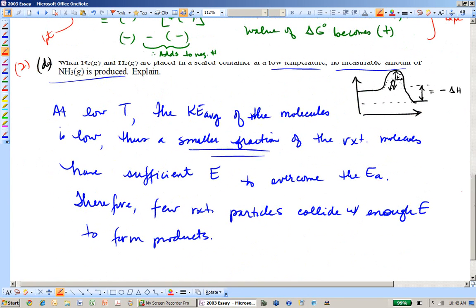And down here you get 1 point for talking about at low temperatures there's a small fraction of reactant molecules with sufficient energy. So this piece was important, and this piece was important, connecting it to activation energy, however you worded it. Therefore, there are few particles that collide with enough energy to form products. So this piece got you the other point.